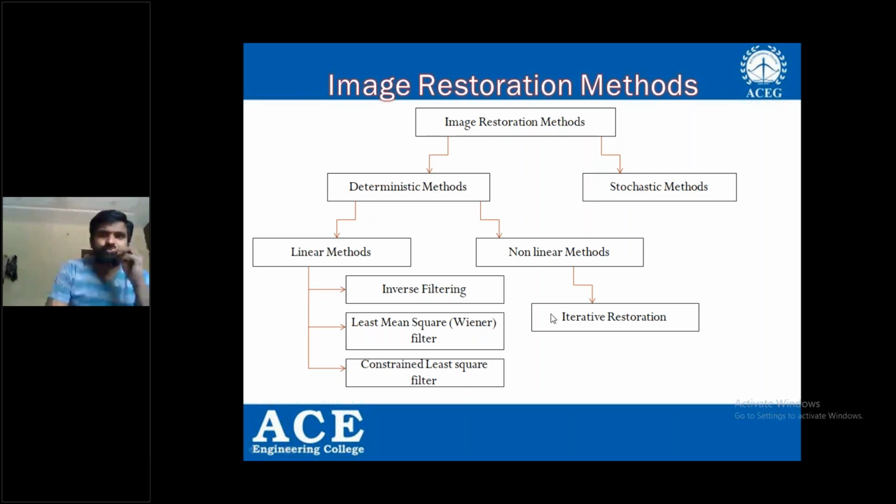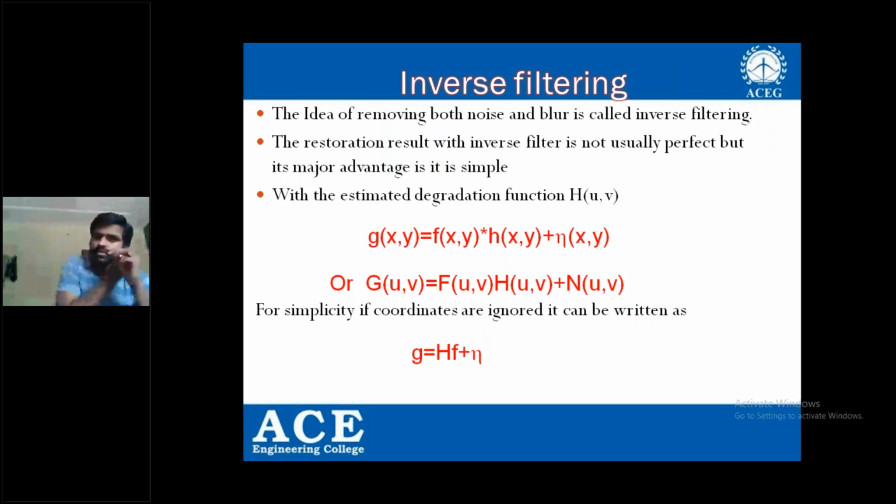So how many types do we have? Linear and non-linear. Let us go with linear first. In linear, inverse filtering. The basic idea of inverse filtering is removing both noise and blur. That is our target here, noise as well as blur.